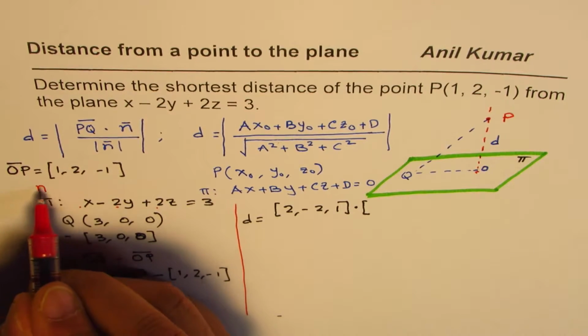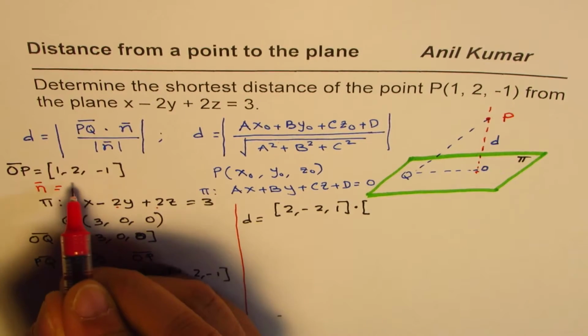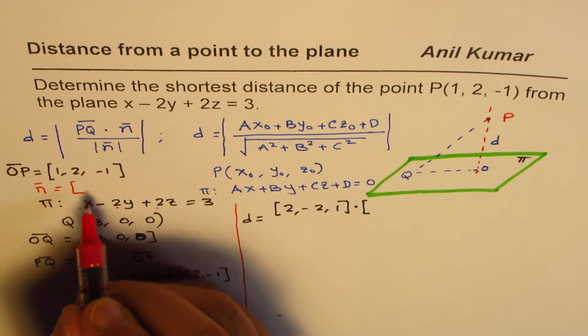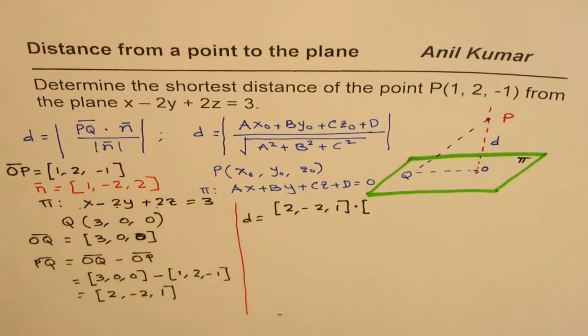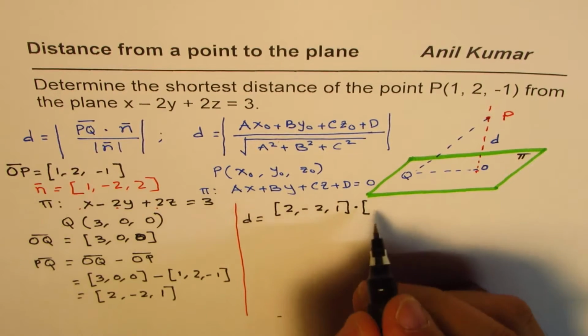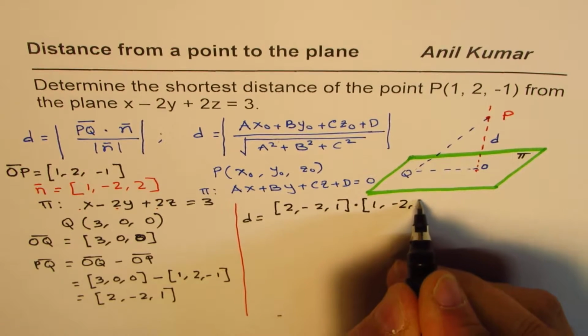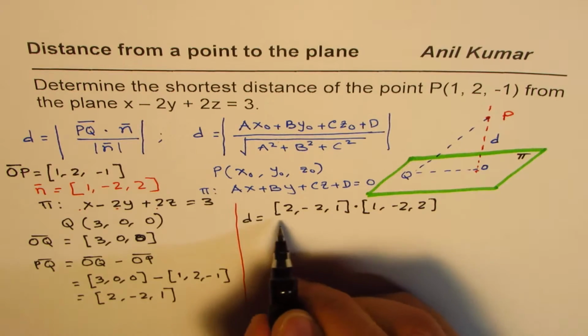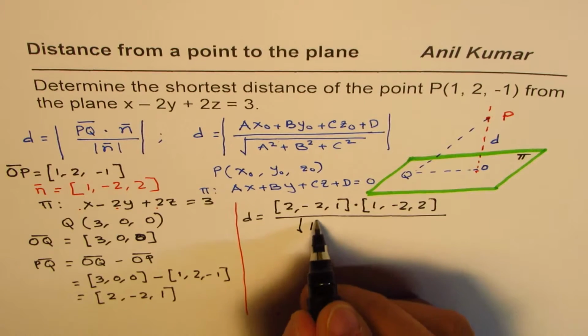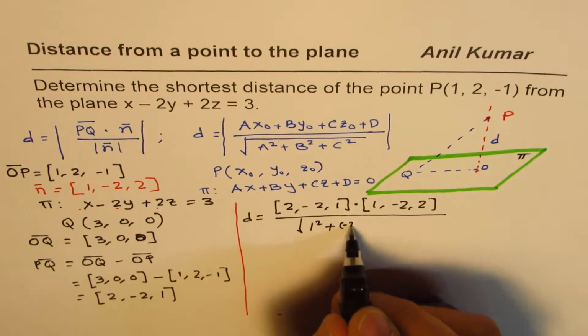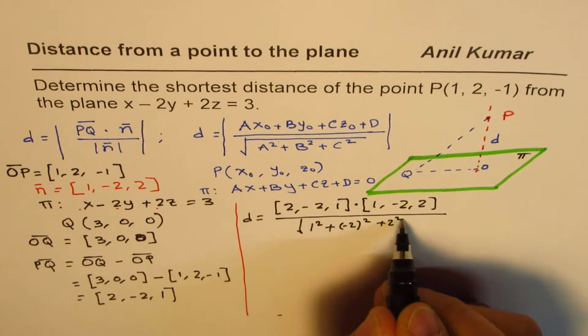So let me write N as equal to 1, minus 2, 2, right? That is the dot product divided by the magnitude: the square root of 1 square plus minus 2 square plus 2 square.